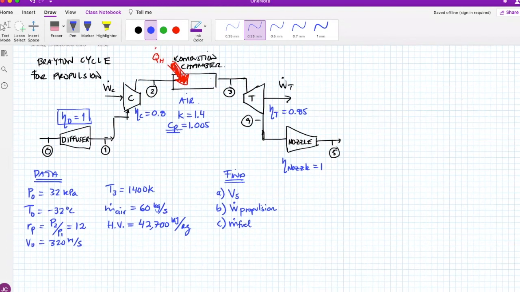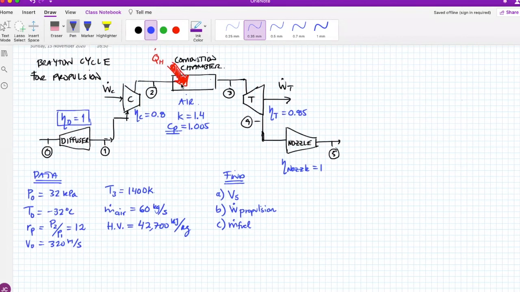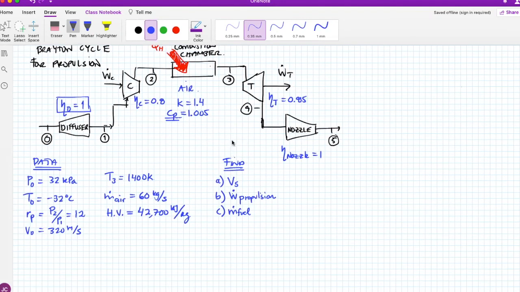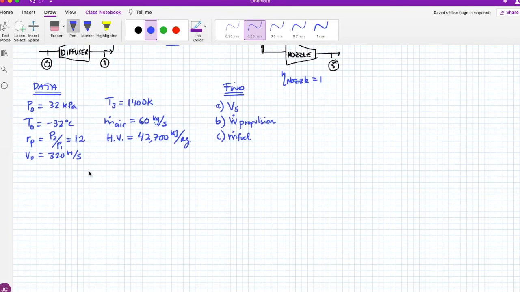This QH comes from a combustion, which means that some flow of fuel is being burned. You need to tell them how much that mass flow is for this example. Okay, I'm going to jump right into the problem.